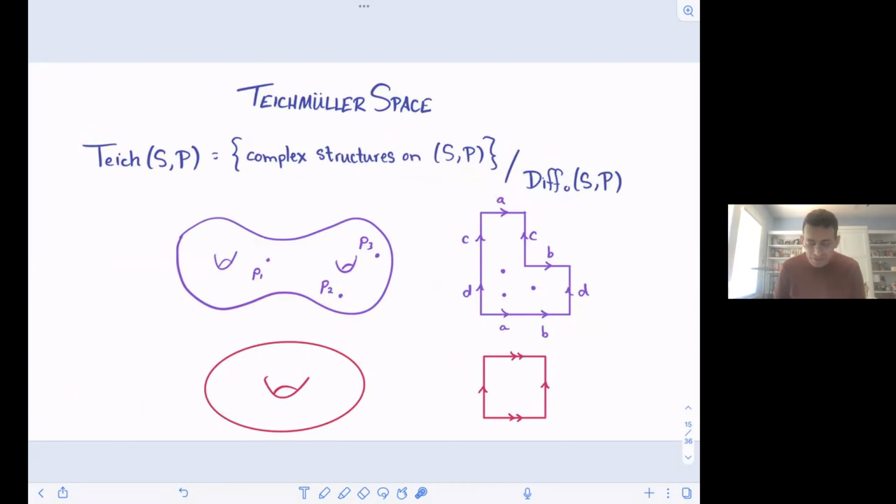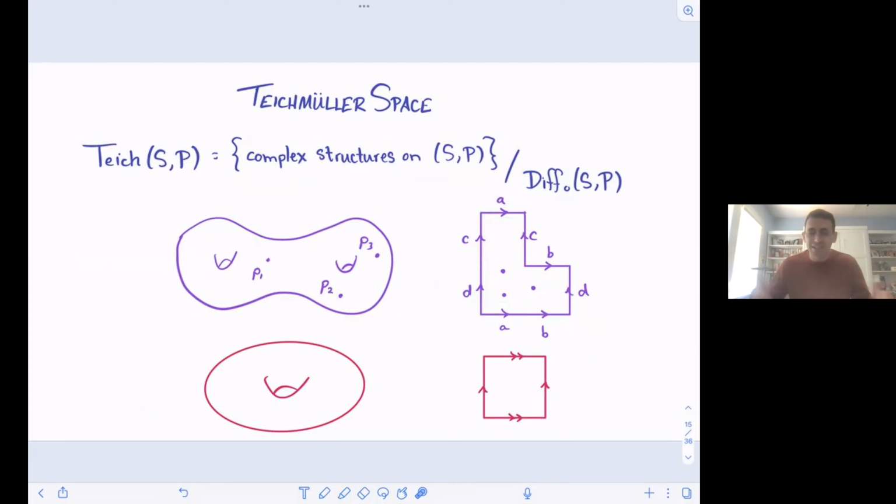How do you put a complex structure on a surface? What you do is you just map it into the plane. So if you glue together those letters on that L shape, you get a surface of genus 2. Most of the inside of that L is a chart of most of the surface of genus 2 into the complex plane, which is the page here.